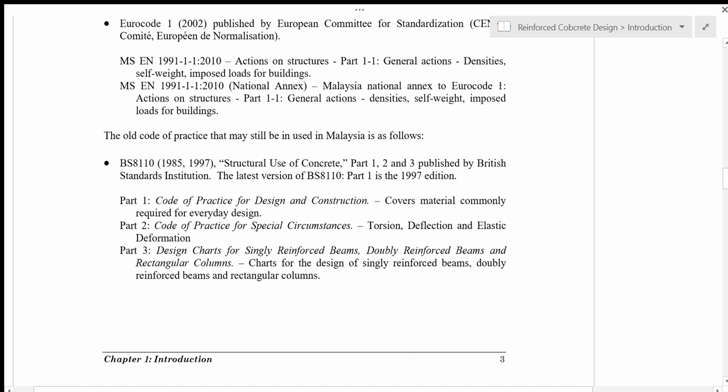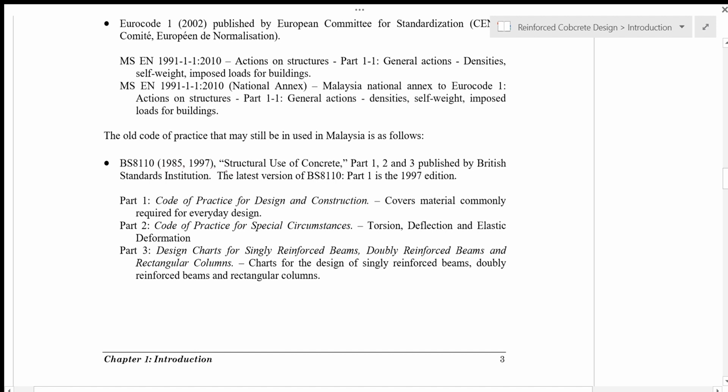And then the old code of practice that may still be used in Malaysia is BS 8110. In some parts of Eurocode 2, we cannot find the recommended analysis method, so we still refer back to BS 8110 for the analysis method.